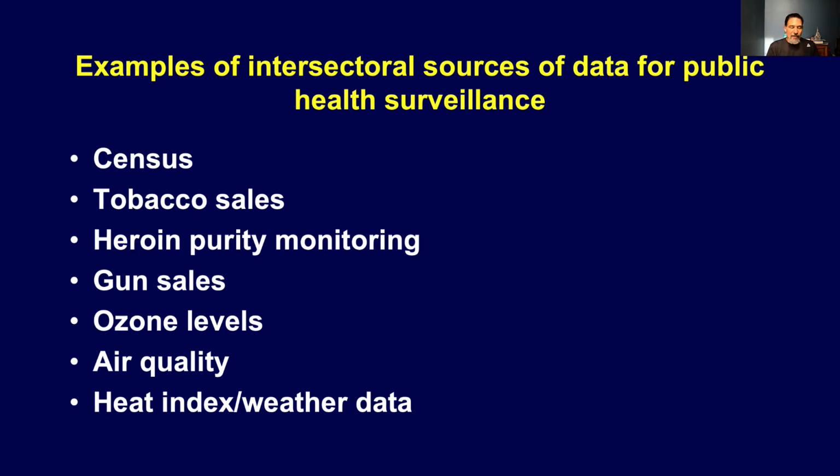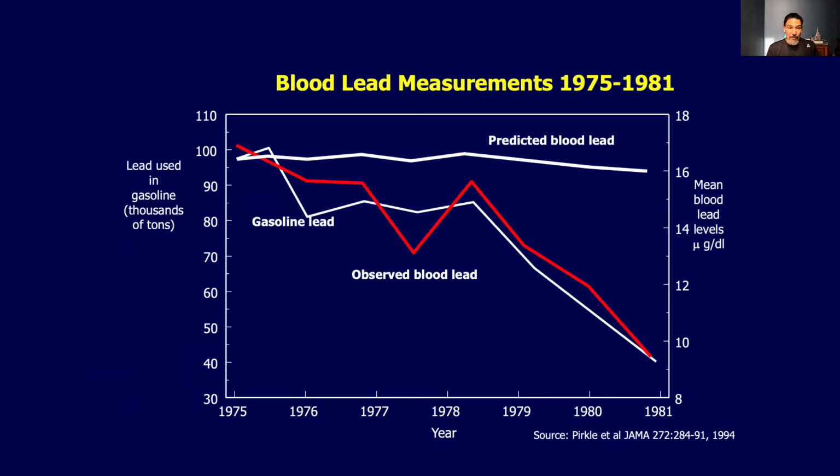There are also data sources that provide information on tobacco sales or monitoring the purity of heroin, which is useful for understanding trends in overdoses and overdose deaths. Gun sales, ozone levels, air quality, and also weather and climate-related data. All these relate to health outcomes. They're data sources that are collected and maintained outside the healthcare sector.